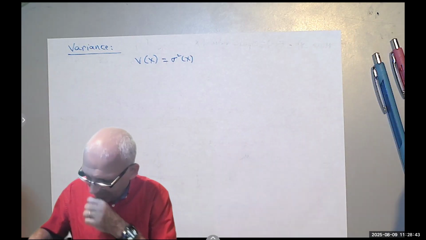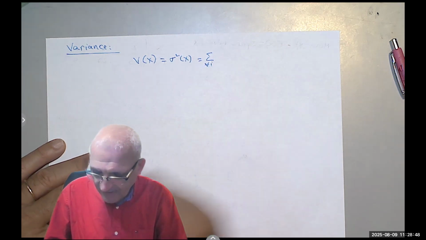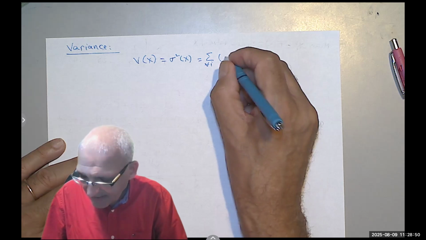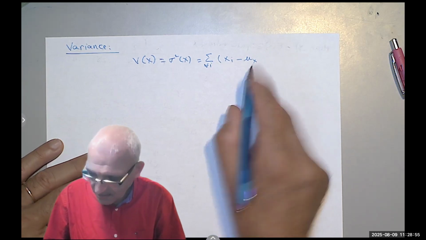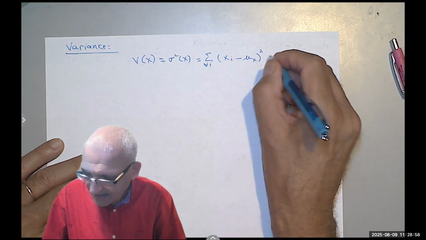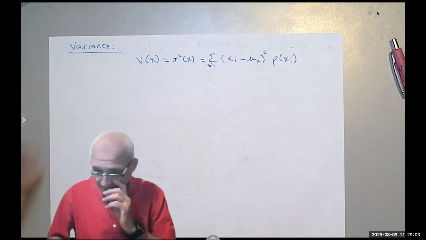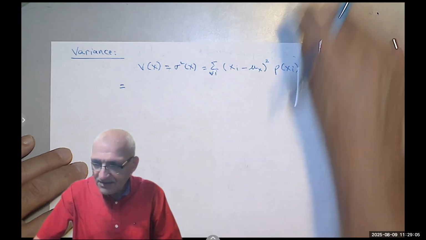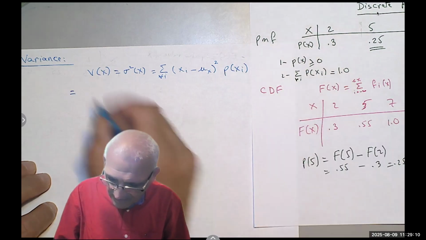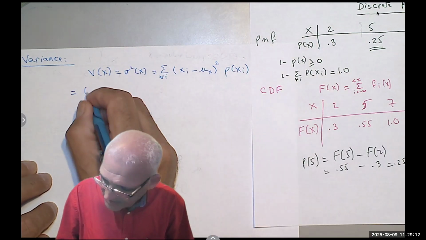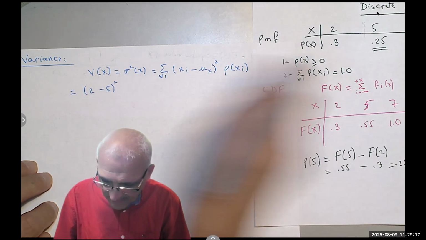And the definition of that is the summation for all possible values of i of x sub i minus mu of x, mu is a constant, quantity squared, times the probability of x sub i. Yes, it is the difference between x and the mean. So here I would say it's x, which is 2, minus 5, which is the mean, quantity squared times 0.3.